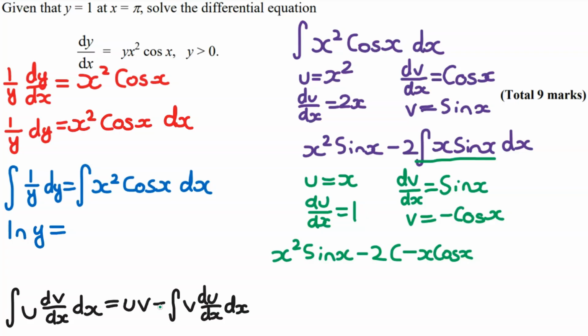But because we've got minus the integral of this and it's minus cos x, we can cancel out the minuses here, and therefore we will be left with plus the integral of cos x.